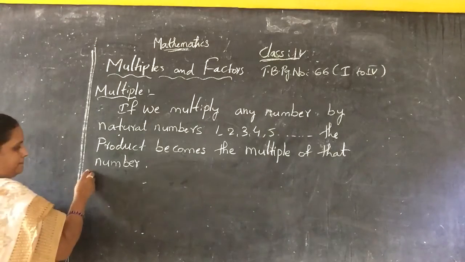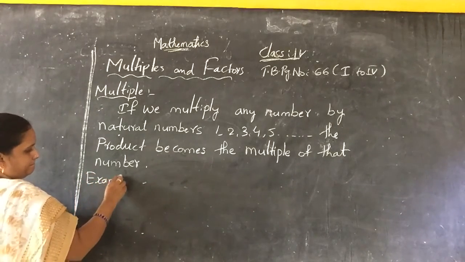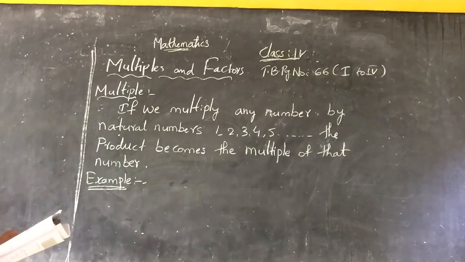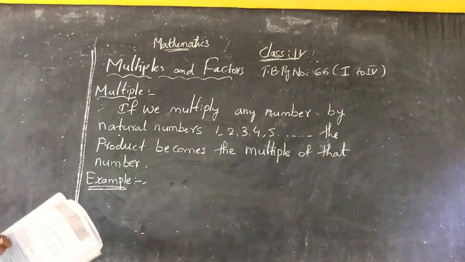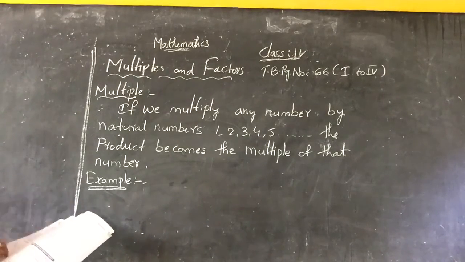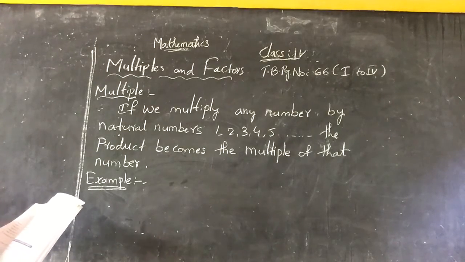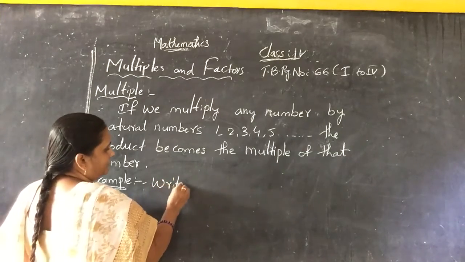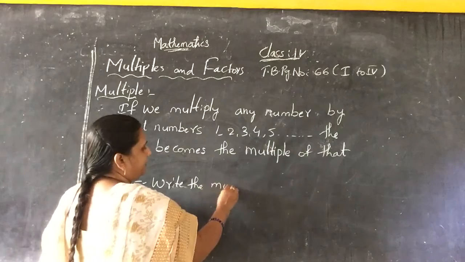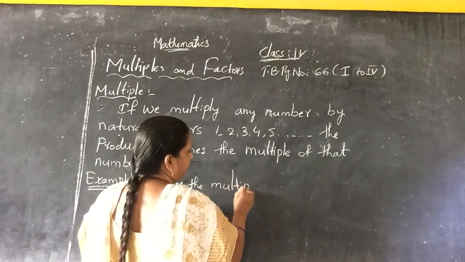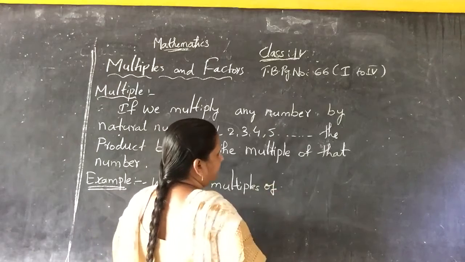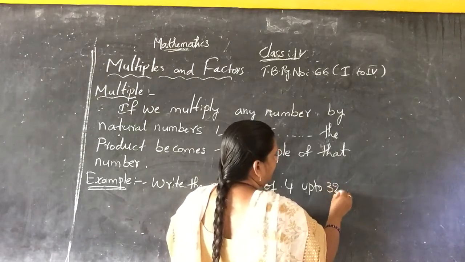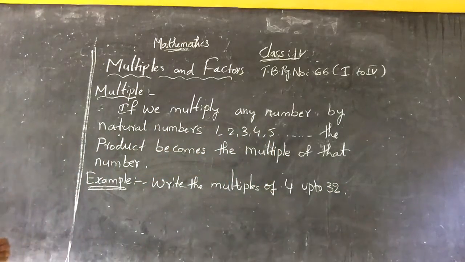Okay, example. Write the multiples of 4 up to 32.